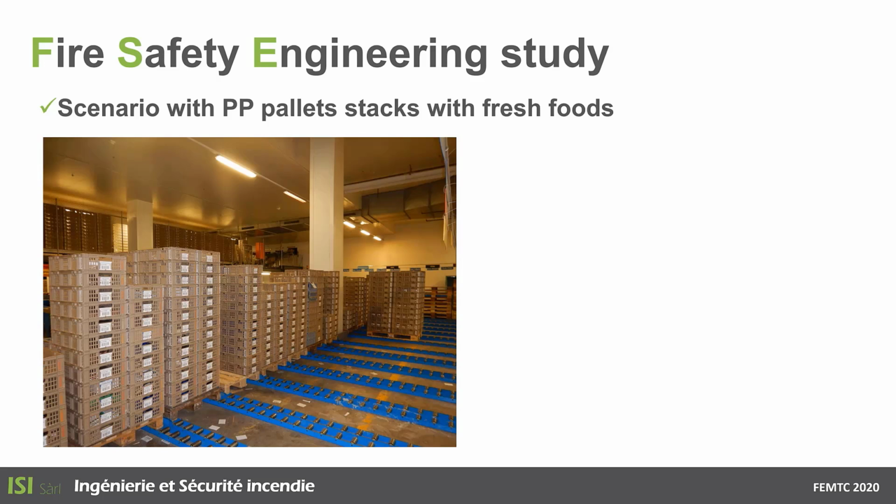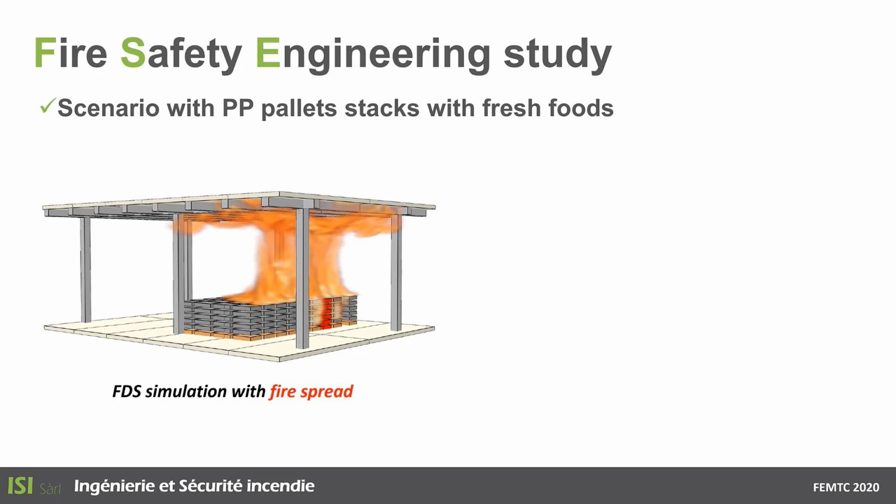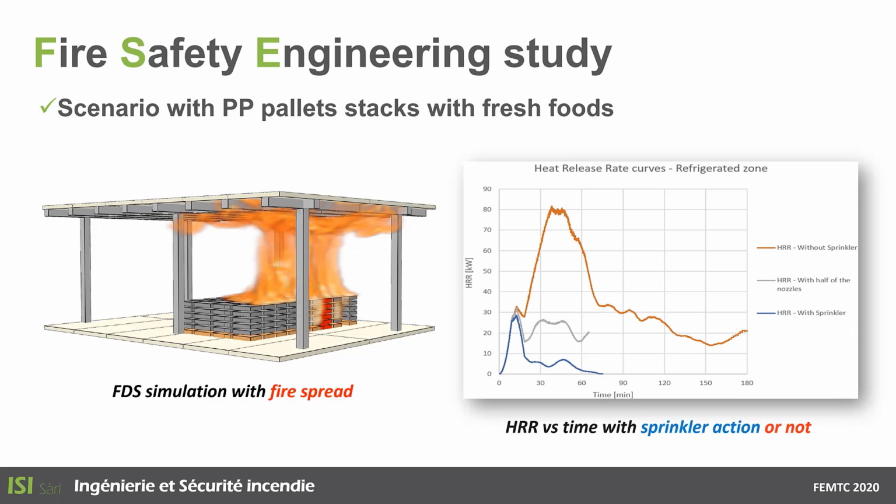The first one is done with the polypropylene pallet stacks with fresh food. There is the model that we used, and you can see in red the starting fire stack. On this image, you can see that the fire is spreading through the whole pallets. The first finding in our simulation is that the maximum heat release rate is about 80 megawatts.